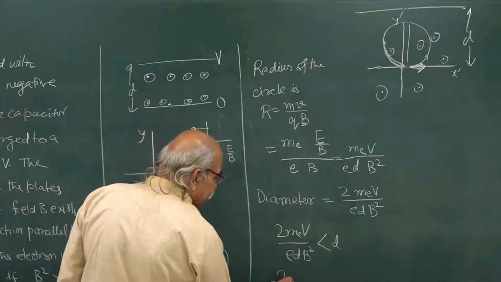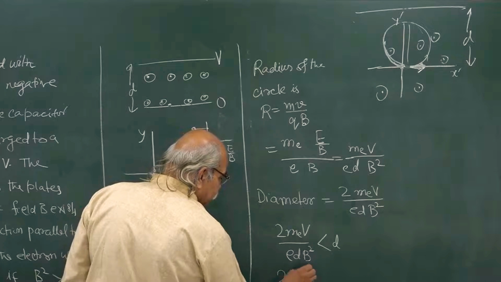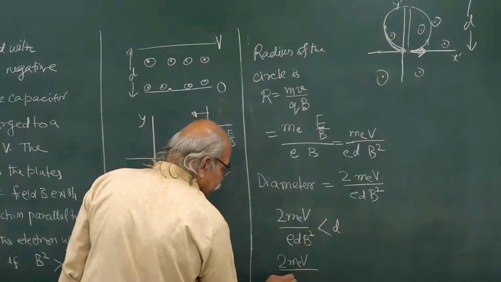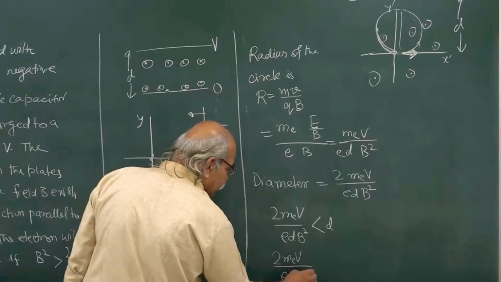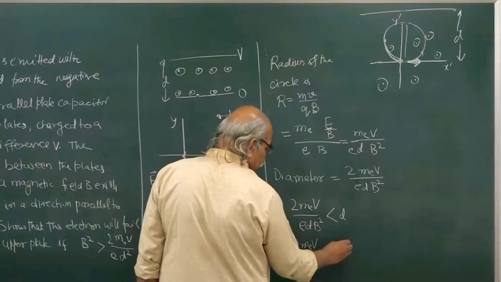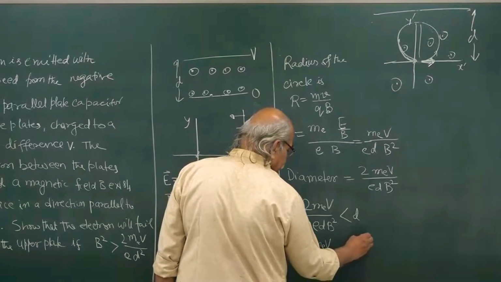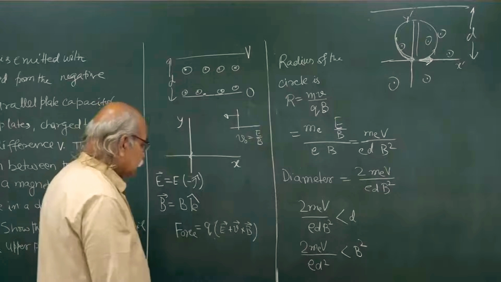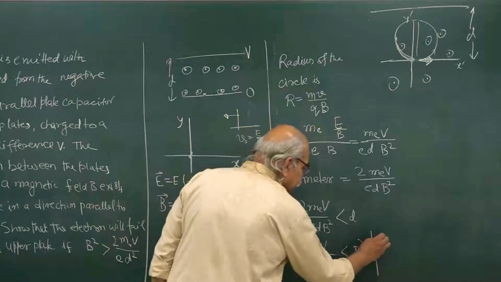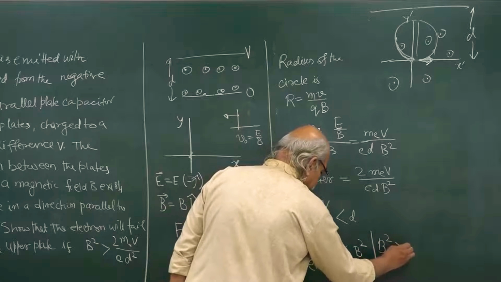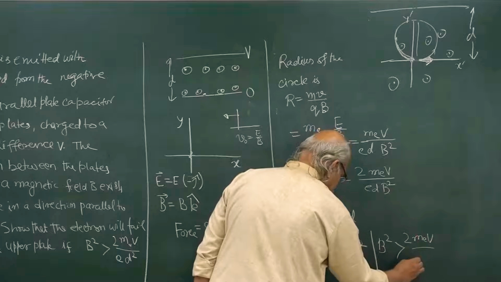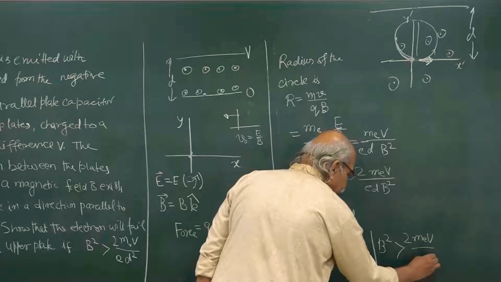So it tells me that 2mev divided by e d square, and this B square will go there. This is the condition, and you can write it the other way also: B square is greater than 2 times mev by e d square.